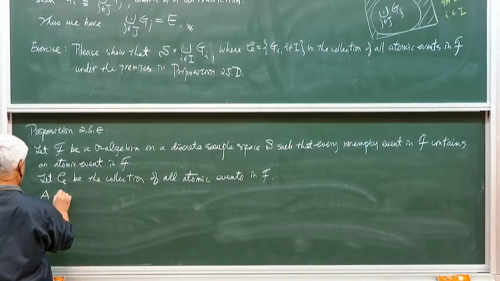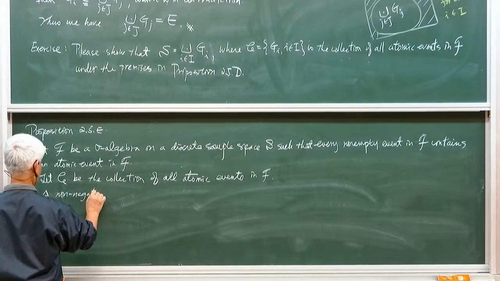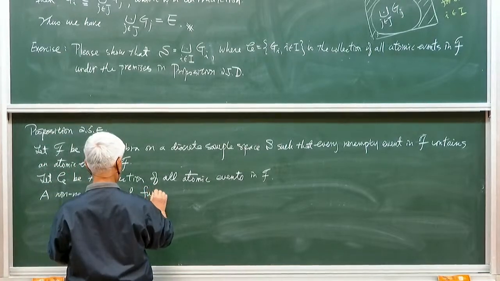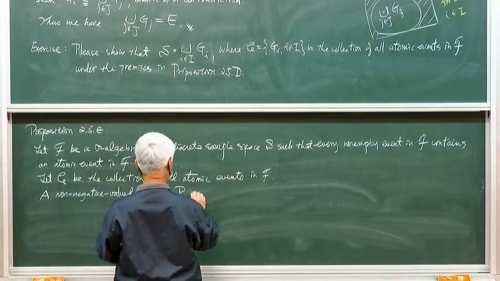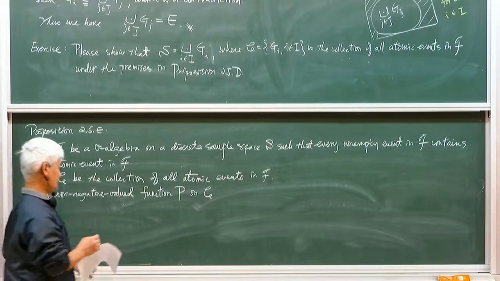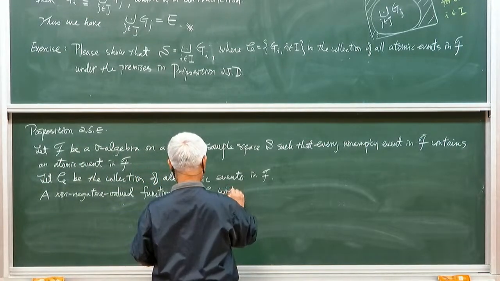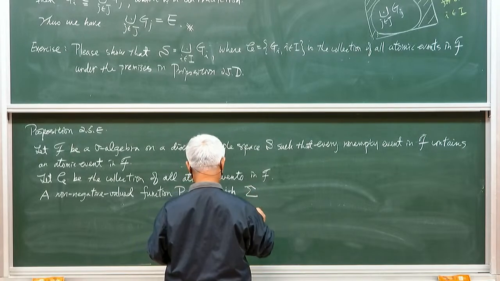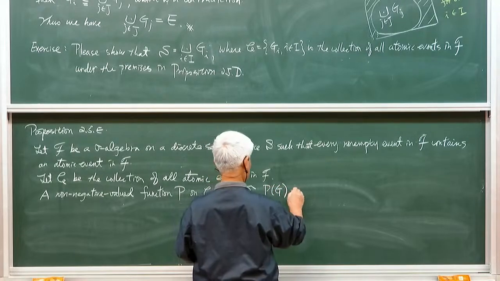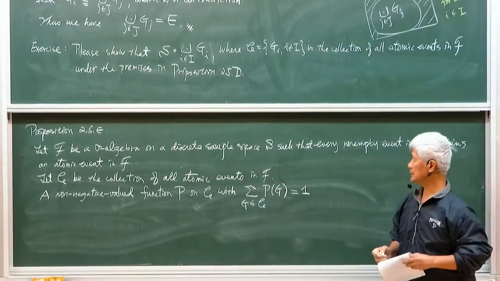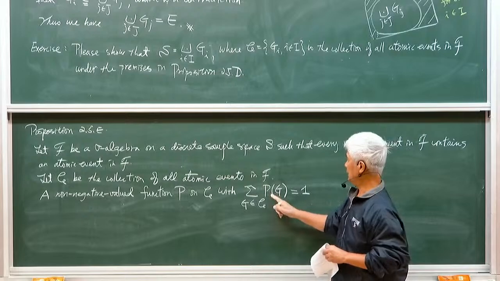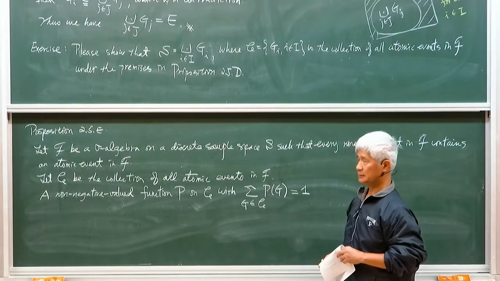Now, a non-negative valued function P on C, where C is just the collection of all atomic events, with the summation of all values of atomic events equal to 1.